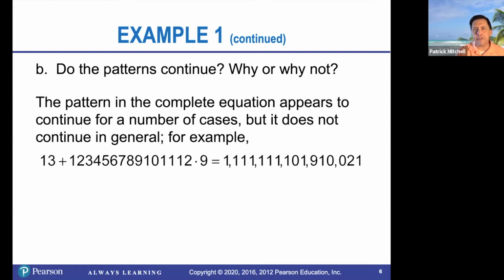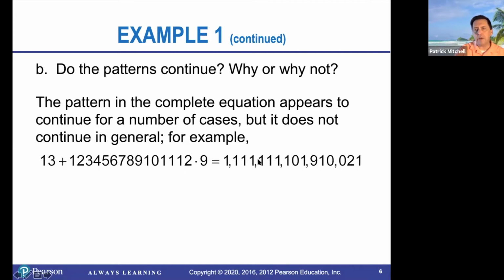Unfortunately, the answer is no. By the time you get up to 13, notice that eventually you run out of digits to put in this number. And so one thing you can try is attaching 1, 0 for 10, and then 1, 1 for 11, and then 1, 2 for 12.